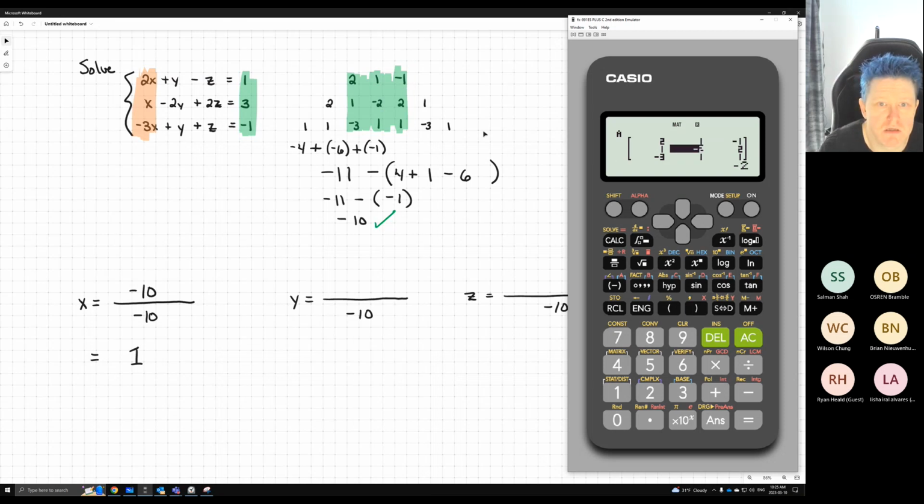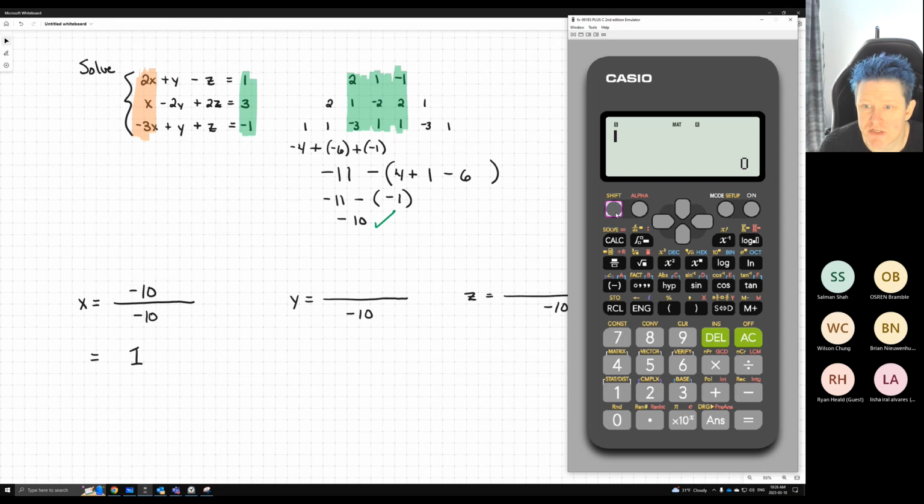And then I need to replace my middle column with the right-hand side. 1, 3, -1. Press all clear after you've pressed enter. And now let's find its determinant. So the calculator really makes this stuff easier. I do recommend it.